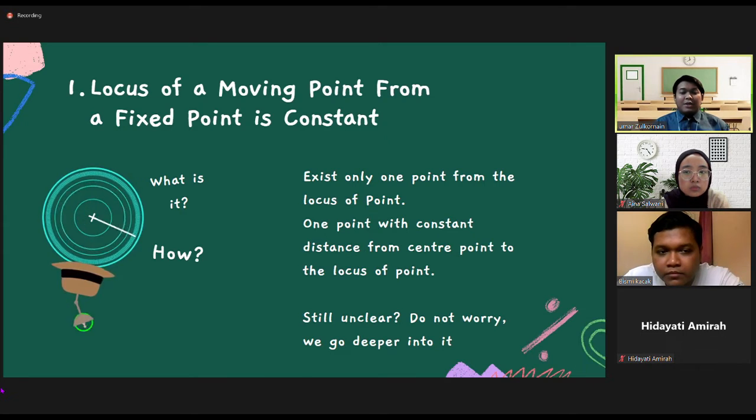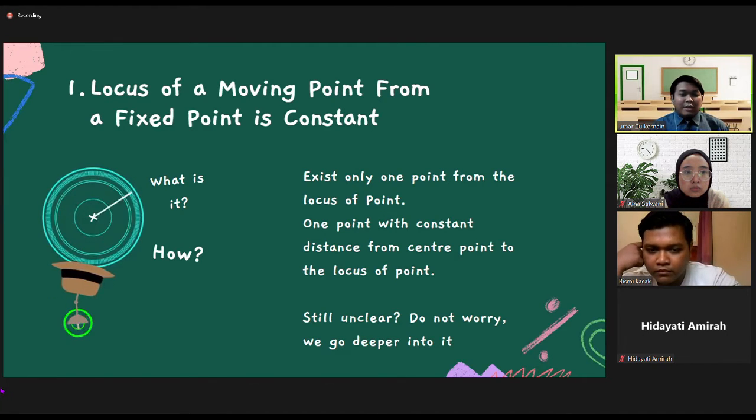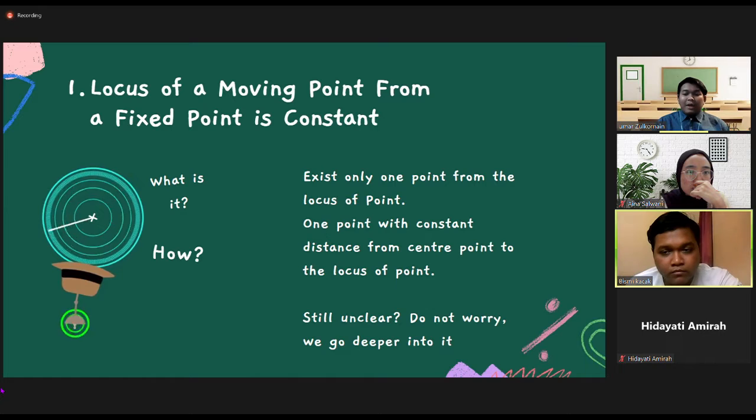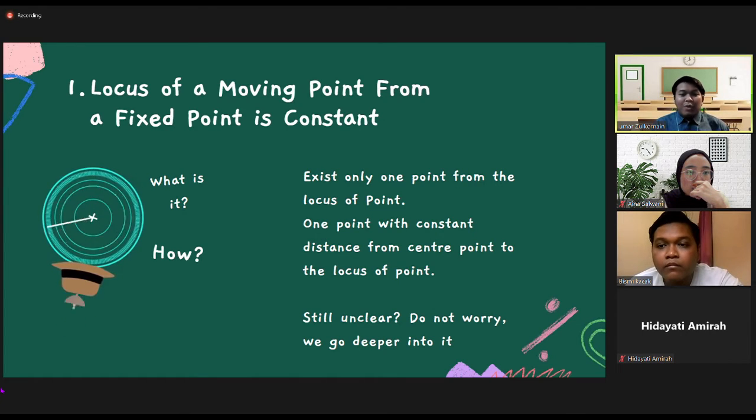How is it similar to the concept of the equation of locus? As mentioned before, the equation of locus involves a moving point. If a moving point P, let's say, has a distance of 5 between P and A, and only P is moving, when P moves to any point, it will form a circle, right?